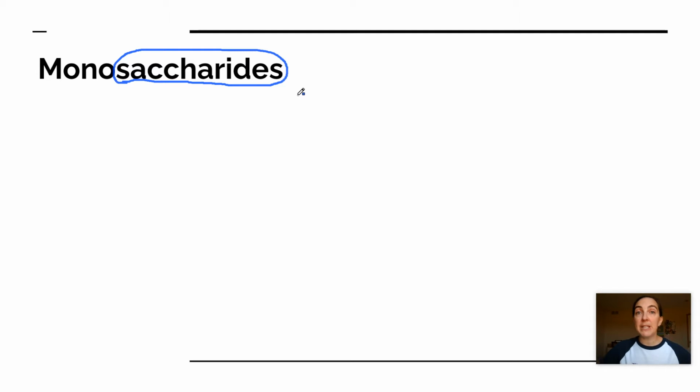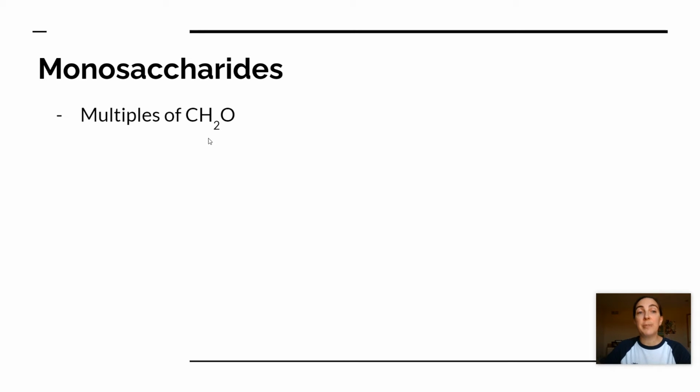So the building blocks, the monomers that make up carbohydrates, are called monosaccharides, which just simply refers to one sugar molecule. So most monosaccharides, which are not all, but most of the ones that you have in your molecule kit, are multiples of the formula CH2O.